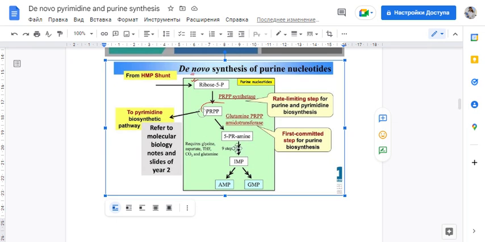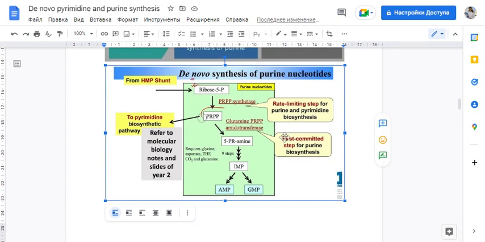If a lot of products are formed, we don't need to form more, so the products will inhibit this enzyme and slow down the reaction. When we have a relatively small amount of products, more product needs to form, so they will not inhibit this enzyme, and the rate will be faster.